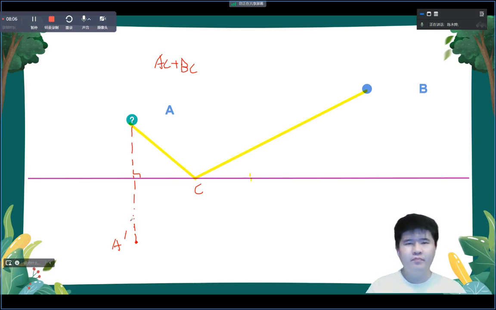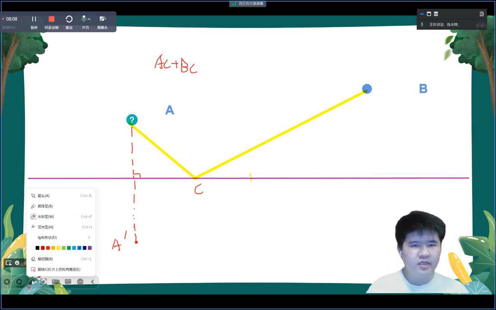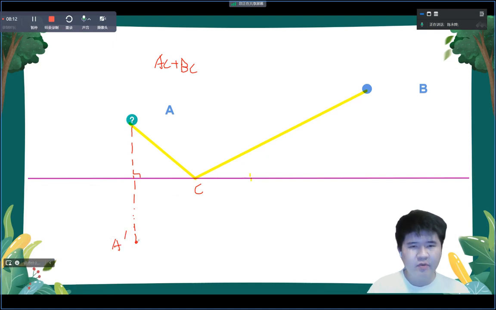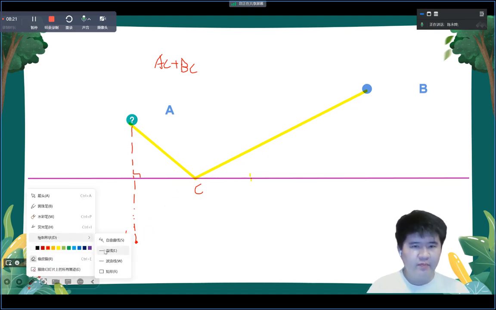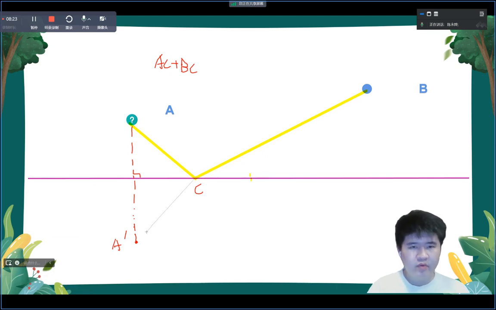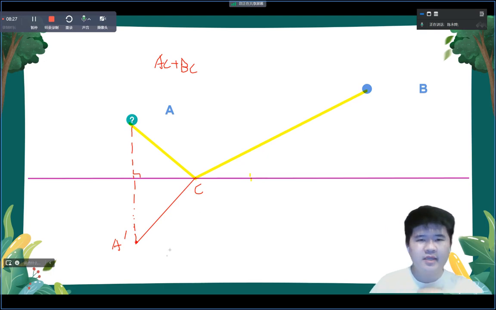Then what if we connect A prime and point C? What will happen? Is it the same as AC?